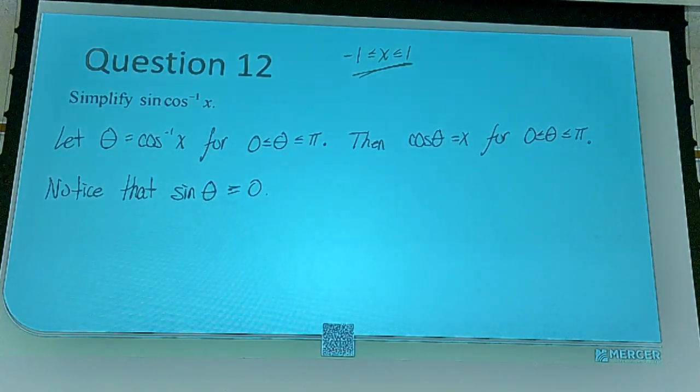That means sine cannot be negative on this restriction, 0 to pi.